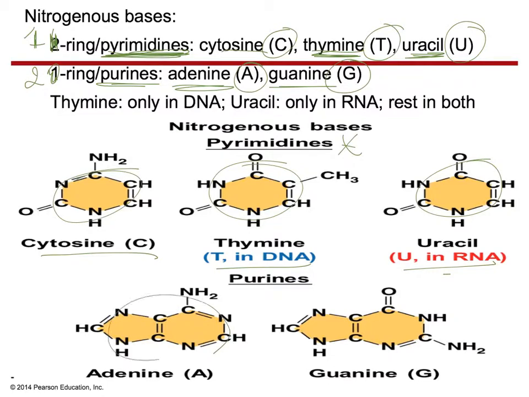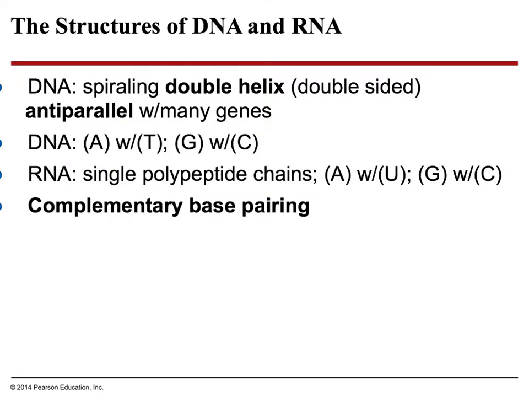Purines include this two-ring structure, adenine and guanine, a little larger, but this smaller word describes them. So we will only find thymine in DNA, we will only see uracil in RNA, the others are in both molecules.